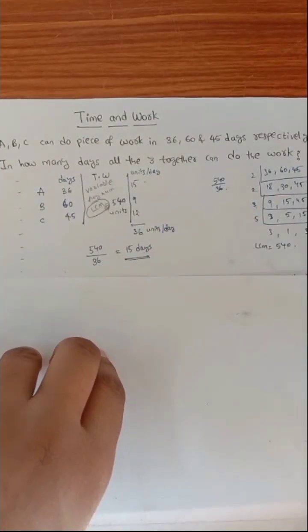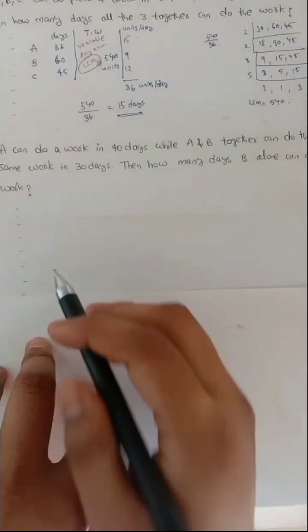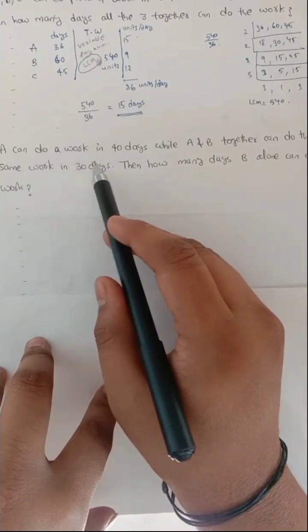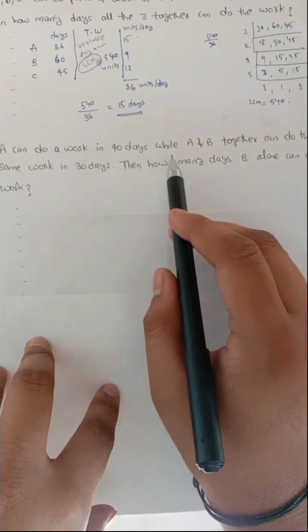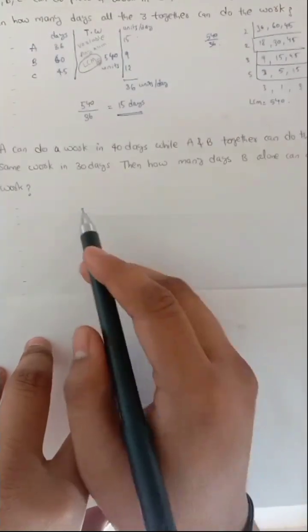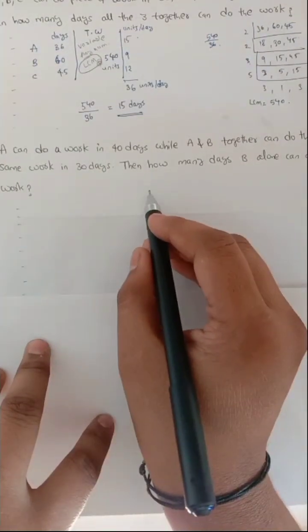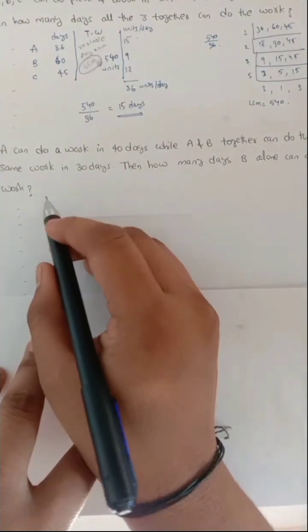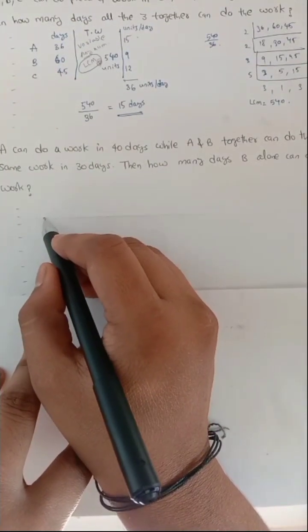I will show a few more questions. See here, the second question is: A can do a work in 40 days while A and B together can do the same work in 30 days. Then how many days can B alone do the work is the question. So first of all, let us mention the data.